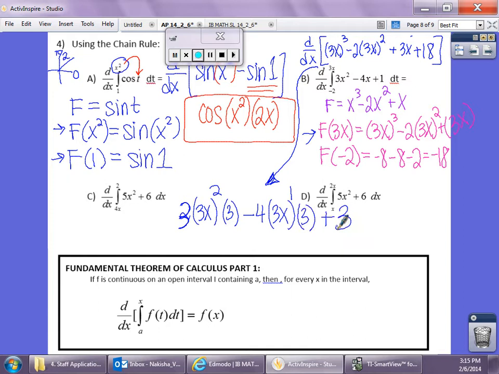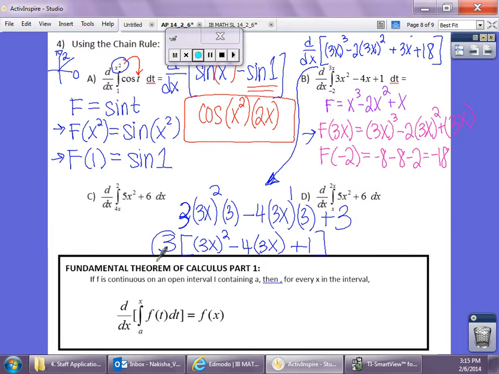So what you will notice is this whole thing pretty much looks like everybody has an extra 3, and I have a 3x squared minus 4 times 3x, and then I have a plus 1, perfect.